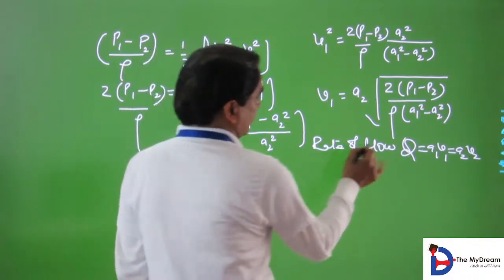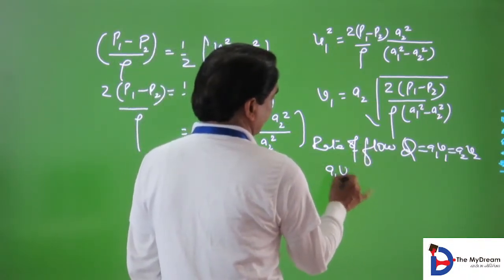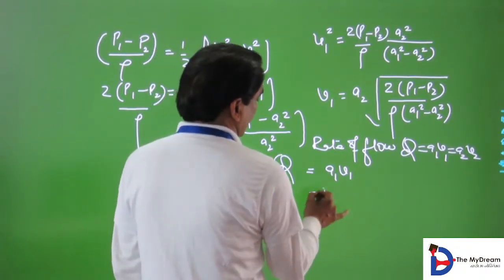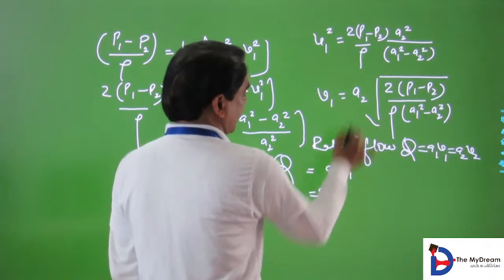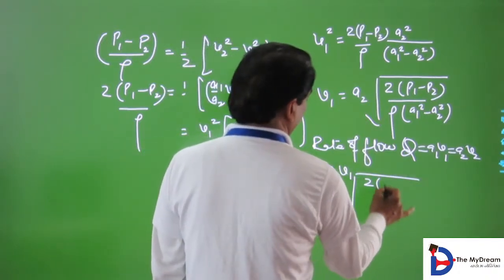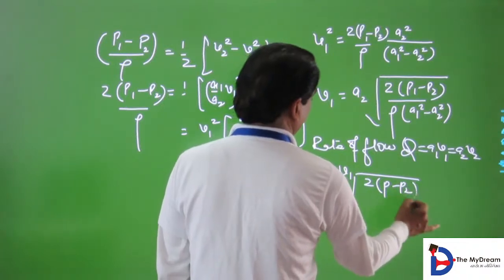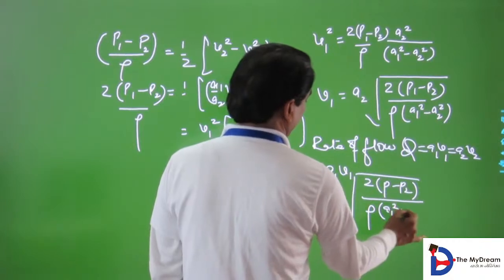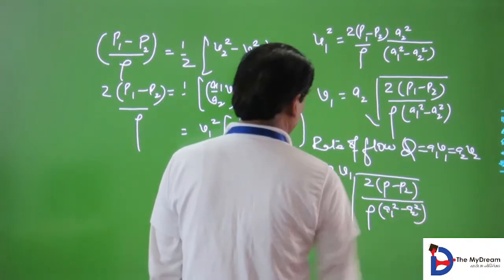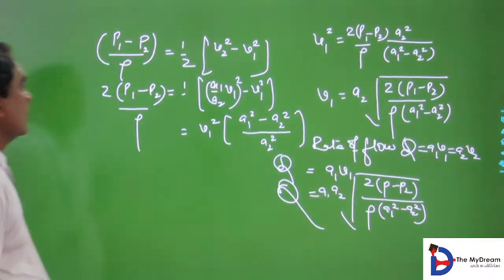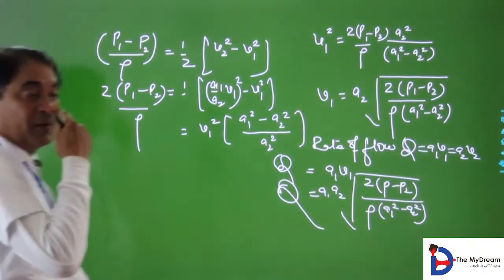So in place of V1 you can write the expression: twice P1 minus P2 divided by rho times A1 square minus A2 square. This is the rate of flow. Yes, this is the application of Bernoulli theorem.